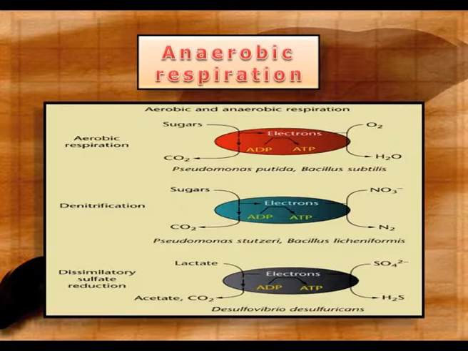Another type of respiration is called anaerobic respiration, where an exogenous electron acceptor other than oxygen is the final electron acceptor. Normally, nitrate, sulfate, carbon dioxide, sometimes some metals and organic molecules act as the final electron acceptor. Some anaerobic organisms and archaea do anaerobic respiration.